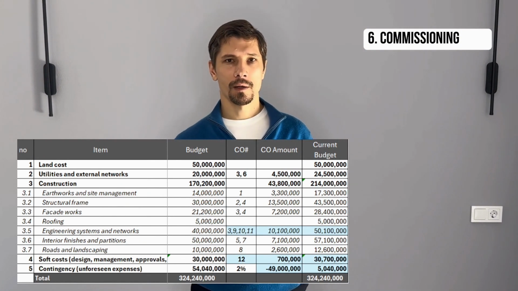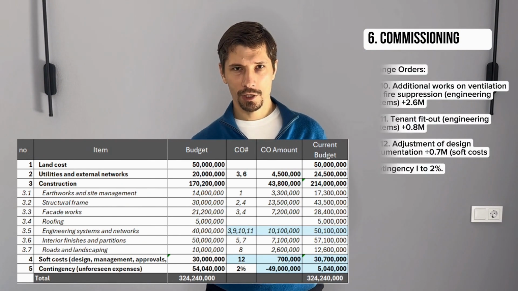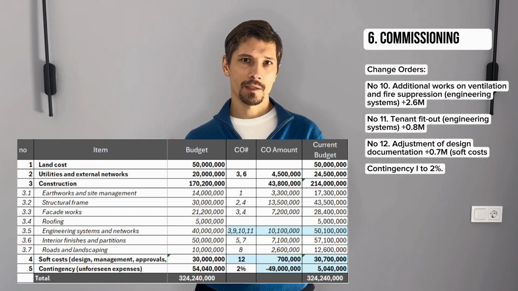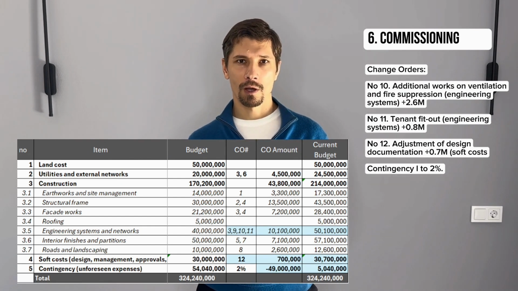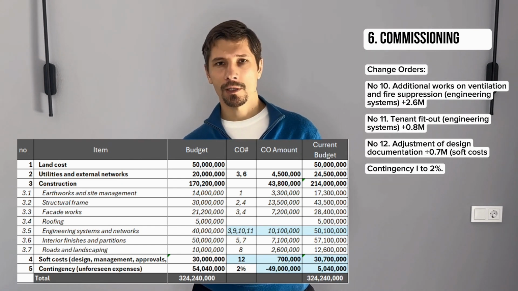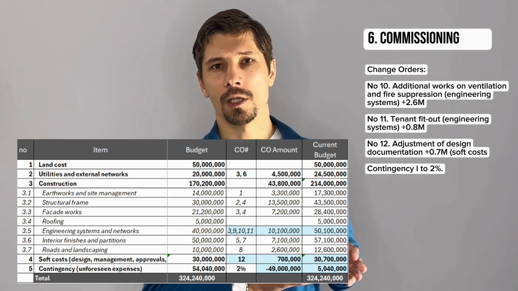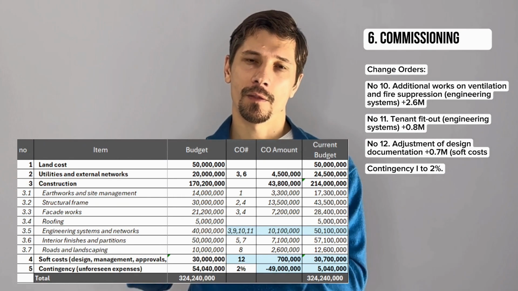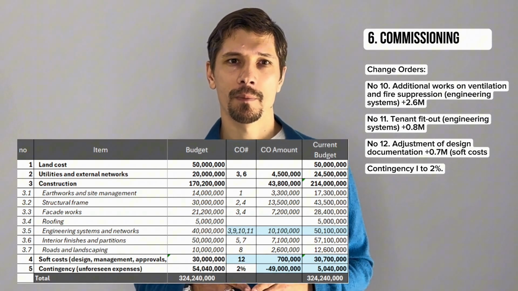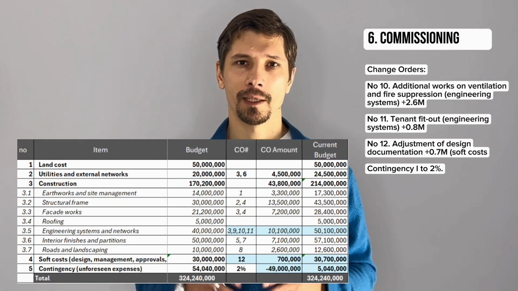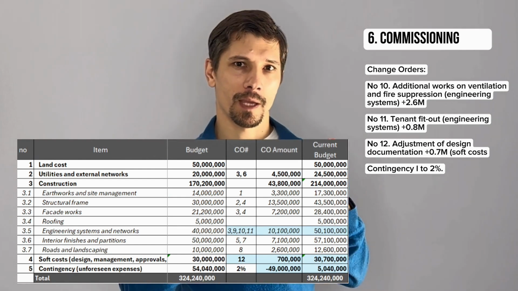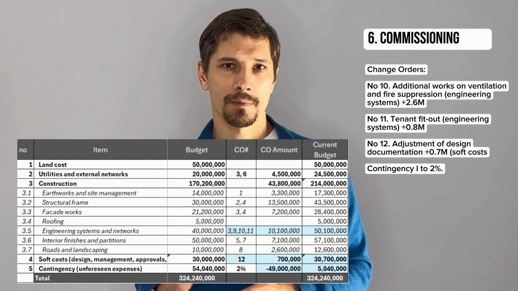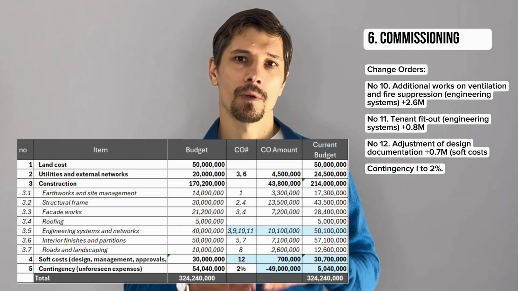The first, an increase in the expense of engineering systems to meet the necessary inspection requirements. The second point is the provision of additional engineering capacity to fully support the data center. And the third, an additional payment to the designer for updating the project documentation package. We entered all these items into the updated budget report and moved on.